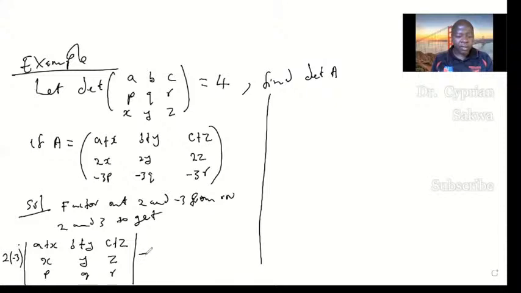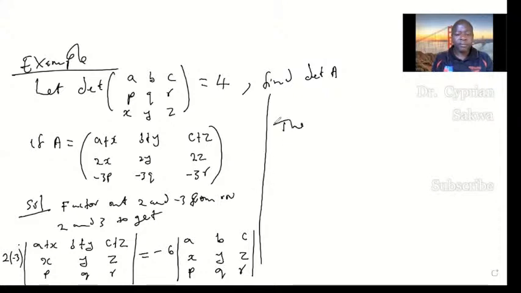So this will be the same as negative 6 times, if I subtract row 2 from row 1, the matrix with rows A, B, C; X, Y, Z; P, Q, R. That's what I would have.